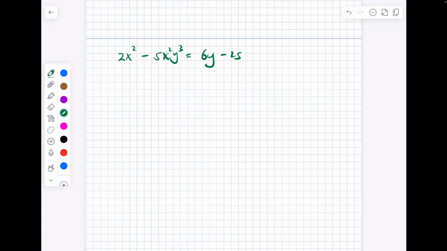But today, we're going to look at something a little bit different. We are starting with related rates, which is where we want to take d/dt. So we are taking the derivative with respect to time.